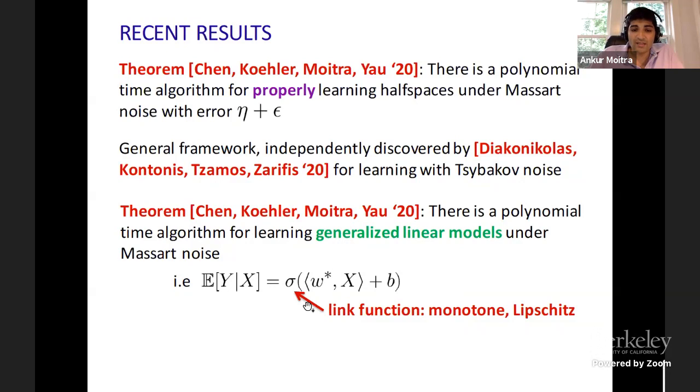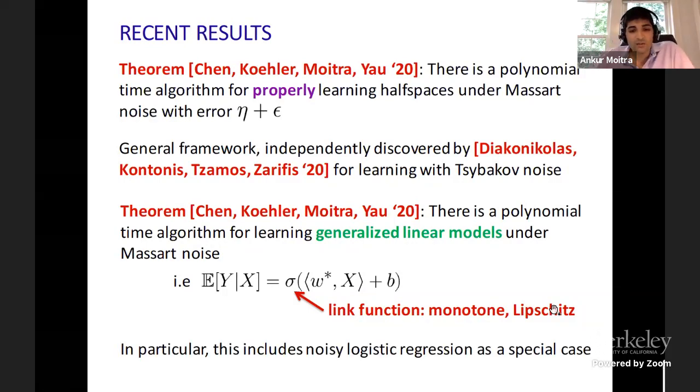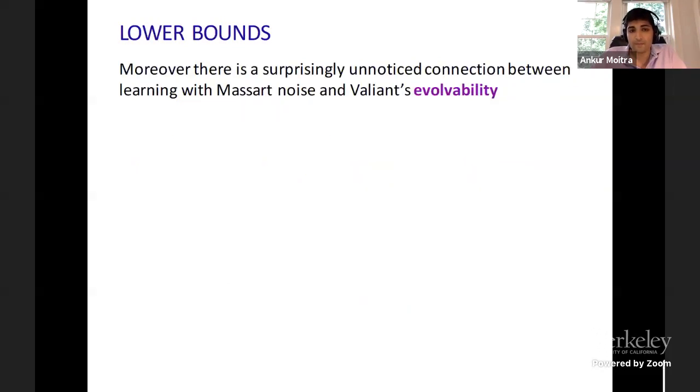But now we apply some function sigma, called the link function, and the constraints we impose on it are that it's monotone and Lipschitz. In particular, this includes things like noisy logistic regression, when you plug in sigma being a sigmoidal function, as a special case. So these are all things that you can do in supervised learning without distributional assumptions on X, under rich models of noise like the Massart noise model.